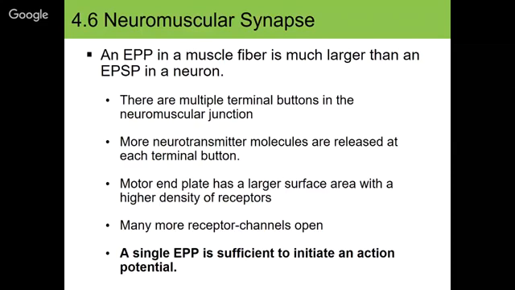so the reason that this graded potential is much larger than for a neuron-to-neuron connection, there's a couple of reasons behind this, and one of them is that, if you think about a neuron-to-neuron connection, it's just one neuron connecting onto one neuron.